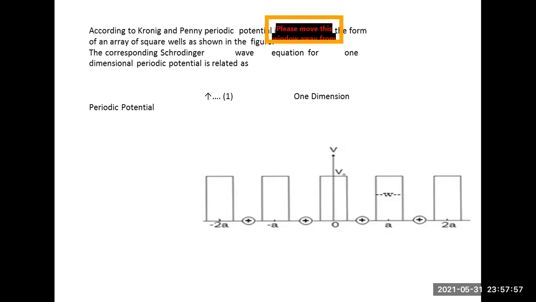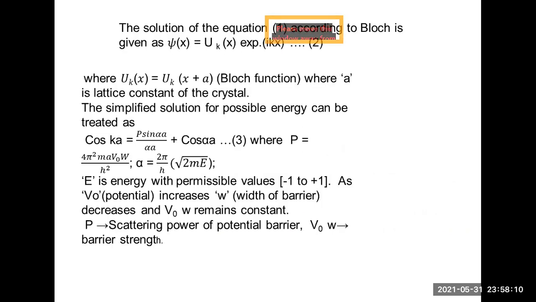So Kronig and Penney, by taking the help of the Schrodinger wave equation in a one-dimensional periodic potential, solved some mathematical equations, and they reached a very good conclusion regarding the movement of the electron when it is moving through different limits.